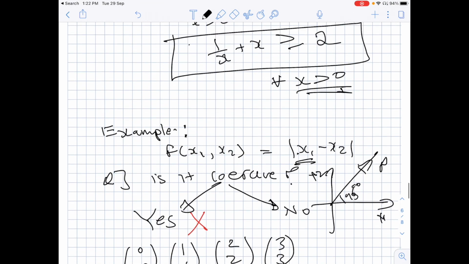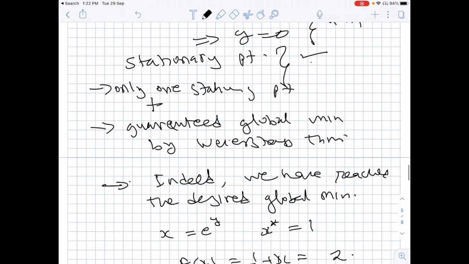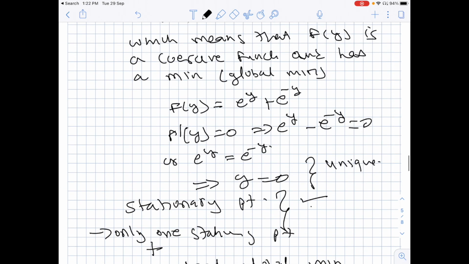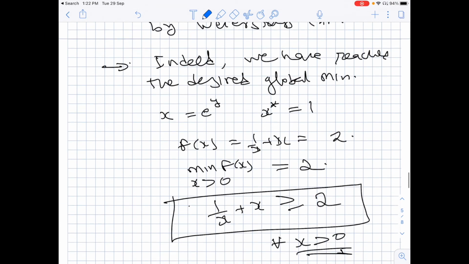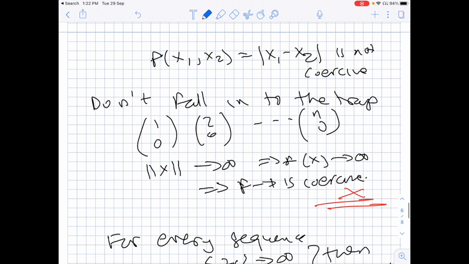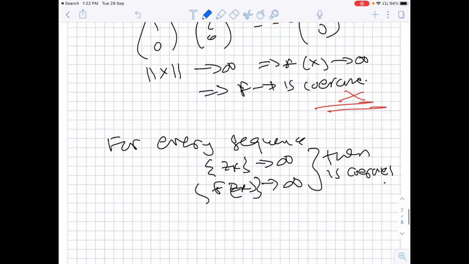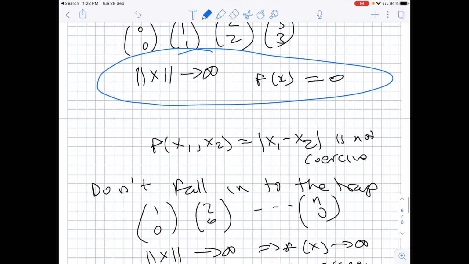So if you go back here to the example of e to the power y plus e to the power minus y, which I have given you here, coercivity is established, no problem. There is only one variable y, it goes to plus infinity, the function goes to plus infinity; it goes to minus infinity, whichever way, the function also goes to infinity. So coercivity is established.